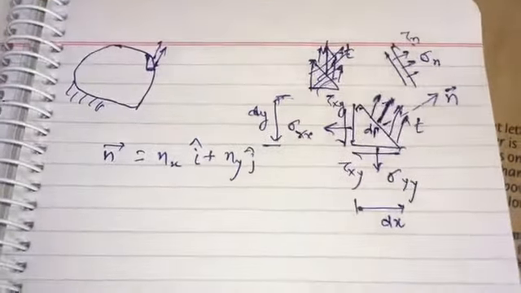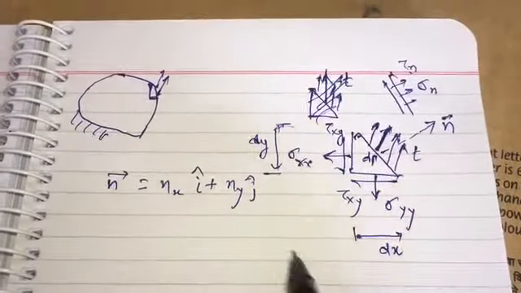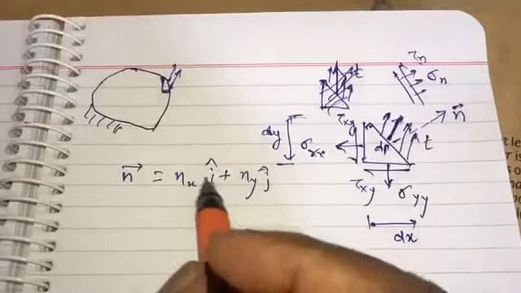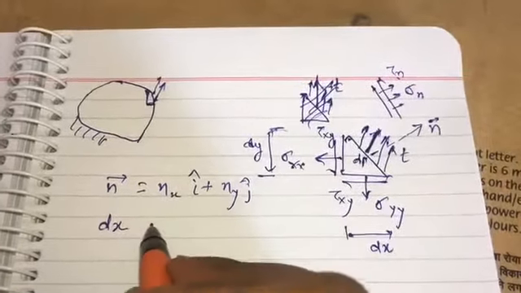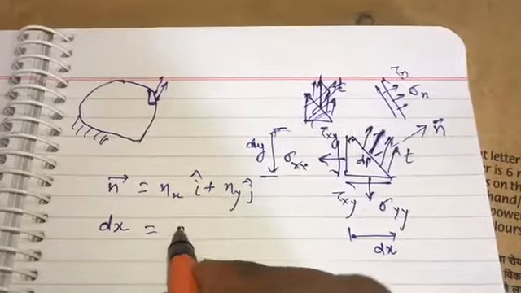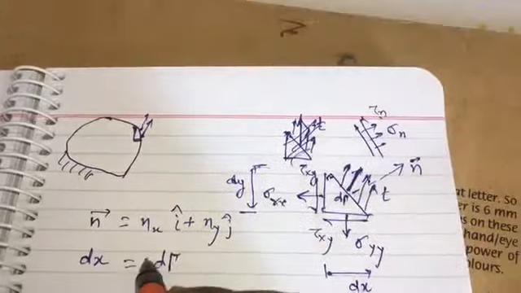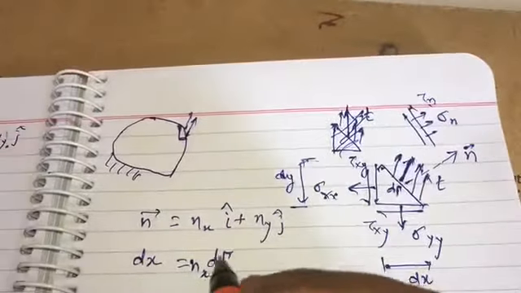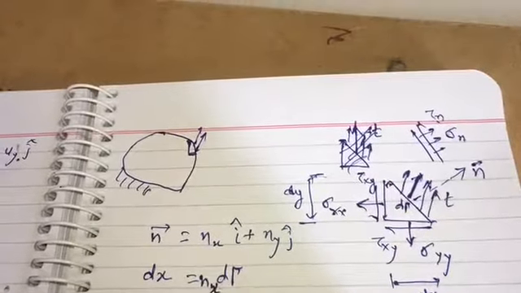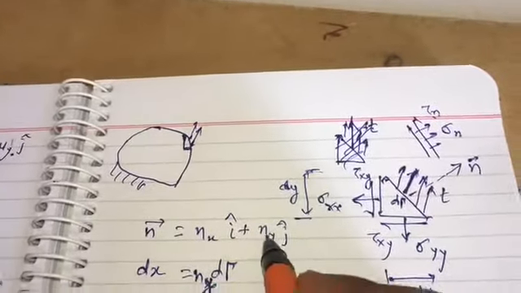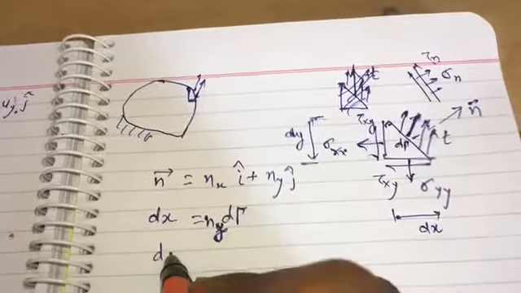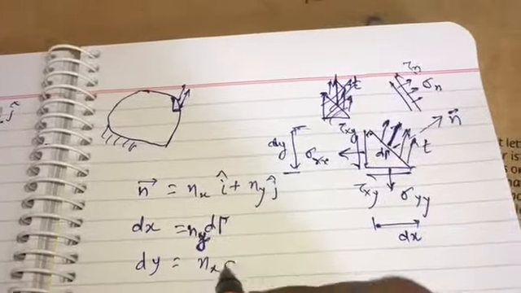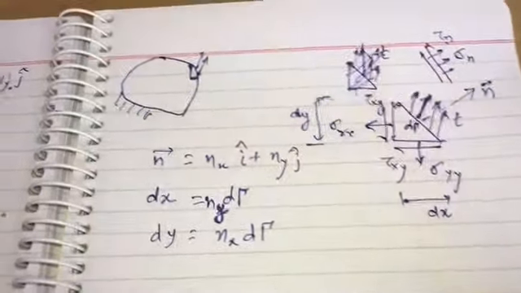Now we can find dx in terms of d gamma. So dx will be ny times d gamma, and accordingly dy will be nx times d gamma.